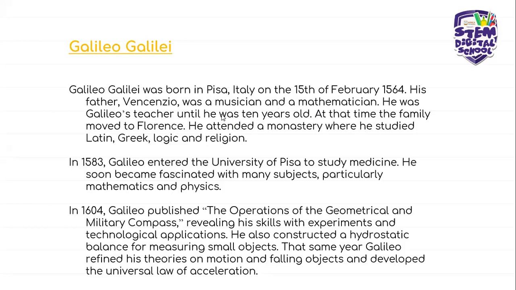And his father basically taught him until he was 10 years old, and then they moved to Florence. And then he attended a monastery. Now, a monastery is a place that the Christians go to become monks, but maybe he attended a school that was a monastery. Right, Michael, you're going to read next.